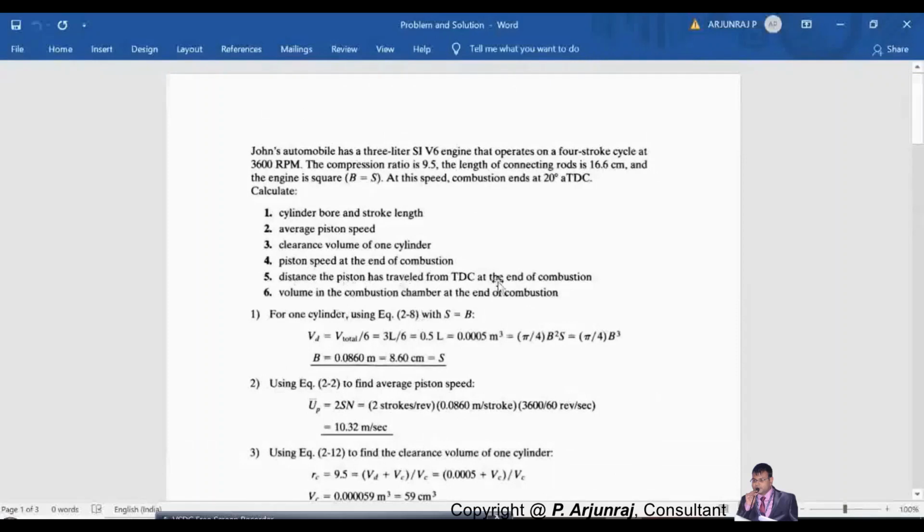The remaining 2 I have not asked because you have a lot of derivations and modeling equations to find the distance the piston has traveled from TDC, because you need to use the theta value of 20 degrees where the cos theta values will come. So it will be slightly difficult. You need to concentrate on these things, so the very basic things you can make more about.